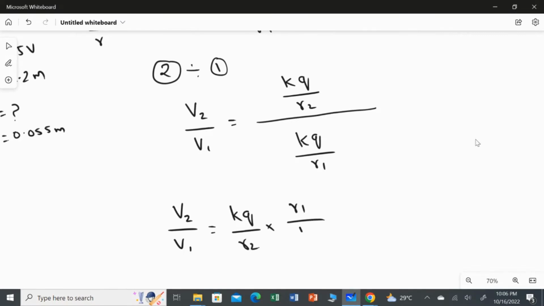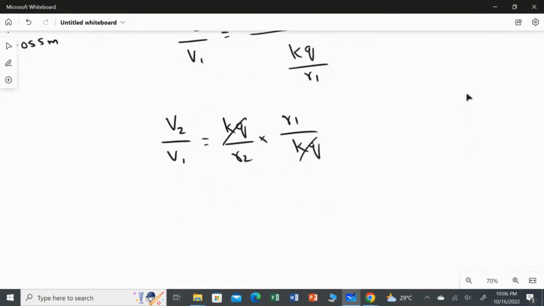Now I cancel KQ from the top and bottom. So V2 over V1 equals R1 over R2.